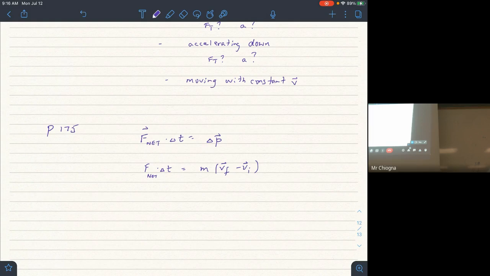Okay, if you read the problem, this is 0. It comes to a stop. I'll just call it F. I know it's a net force, but I'll call it F.